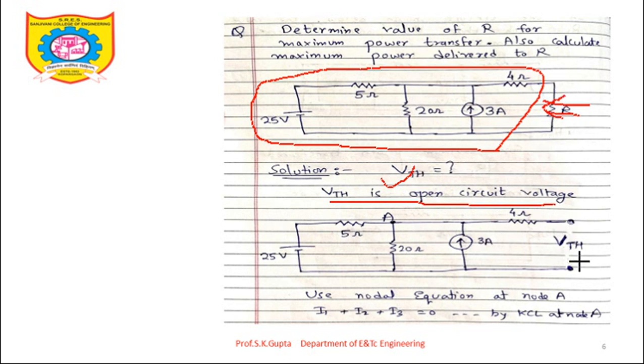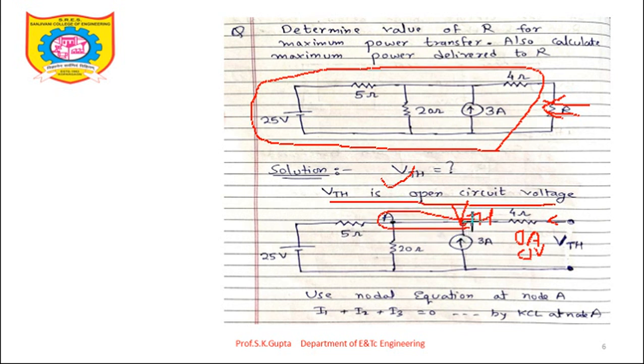So I have made it open circuit, and because of open circuit, current in this 4 ohm resistor is 0 ampere, and voltage drop also across this 4 ohm resistor is 0 volt. So this VTH will come across this 3 ampere current source. So here now the voltage is VTH. This is the same node.